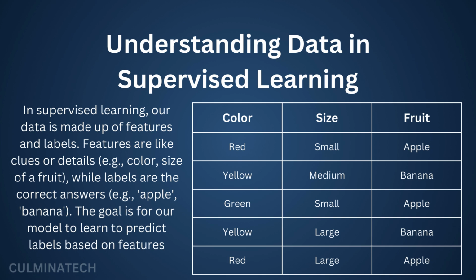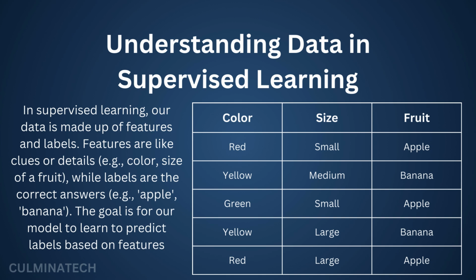Here we have an example of how data might come in traditional supervised learning. We have color red, size small, and the label is apple. So if it's red and small, say it's an apple. If it's yellow and medium, banana; green and small, apple, and so on.